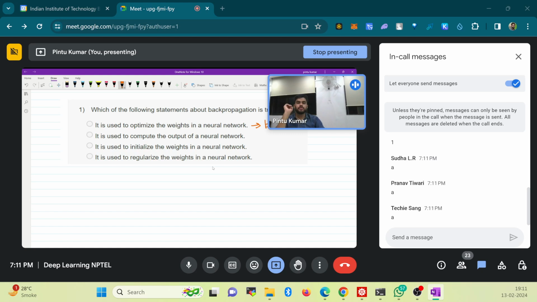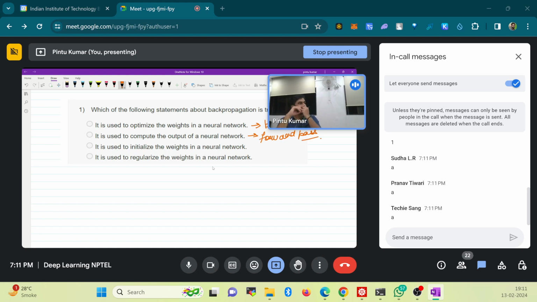What is used to compute the output of a neural network? This is sort of a match-the-correct-answer kind of thing that we used to do in school. What should be the answer for this? It is used to compute the output of a neural network. This is called forward pass.